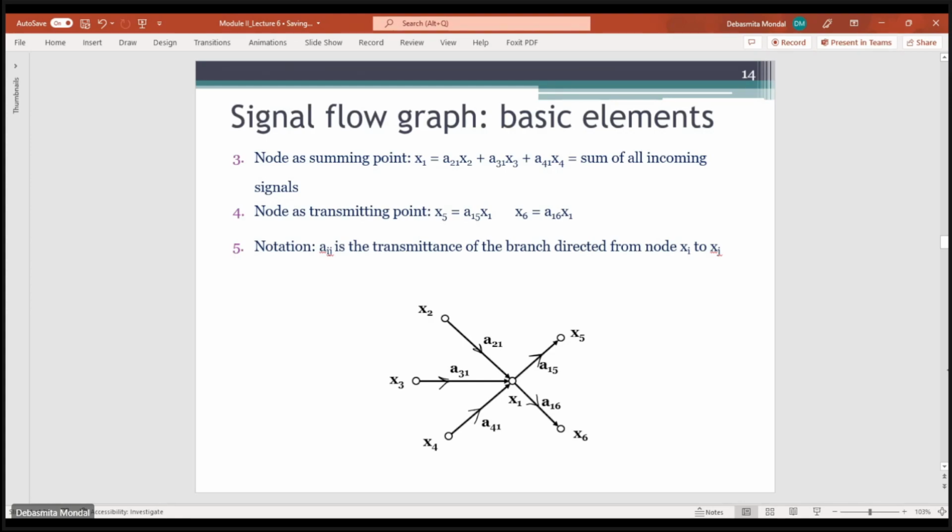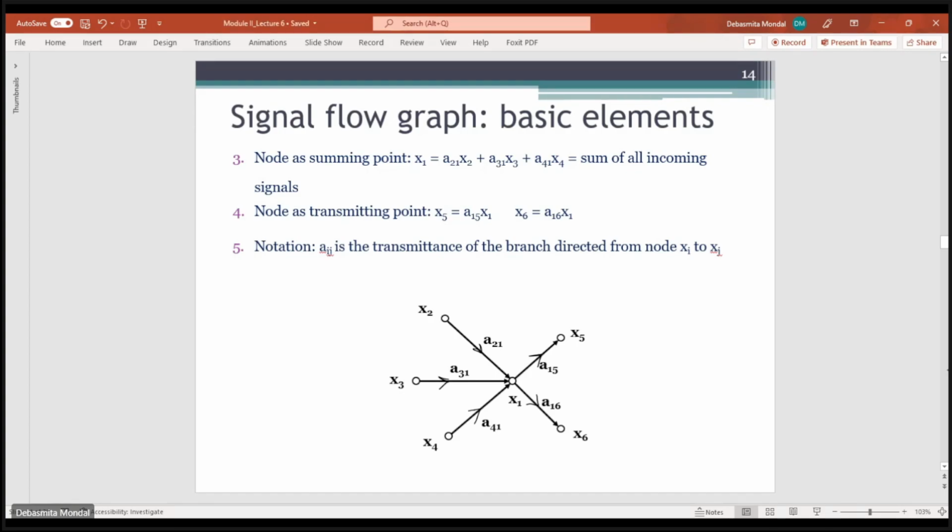Representing this node as a summing point, x1 equals x2 multiplied by the gain a21, plus x3 multiplied by a31, plus x4 multiplied by a41. This is the summation of all the incoming signals.